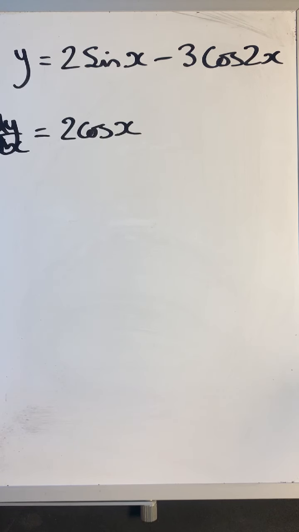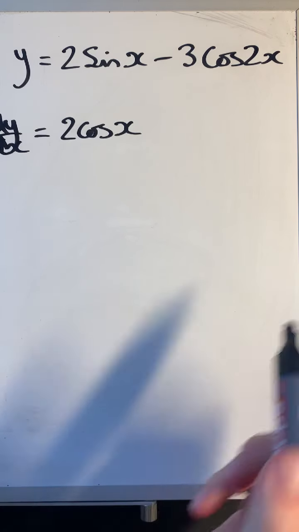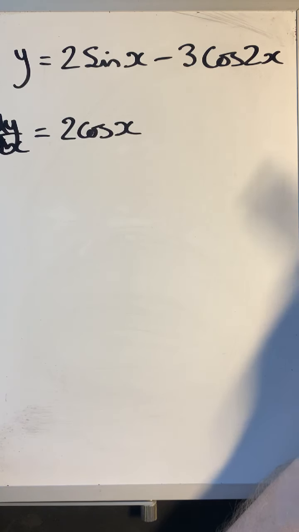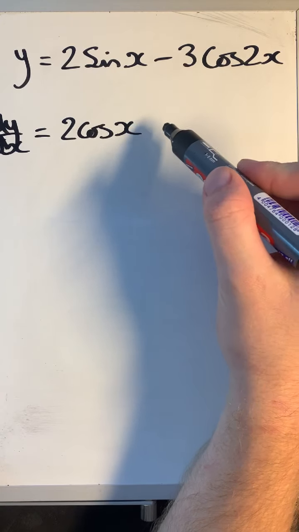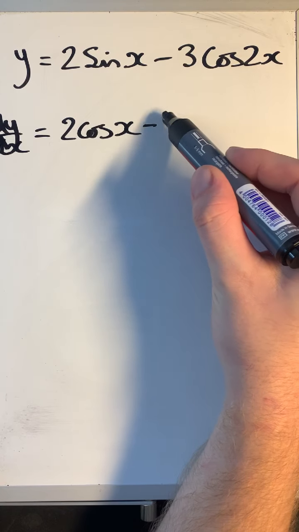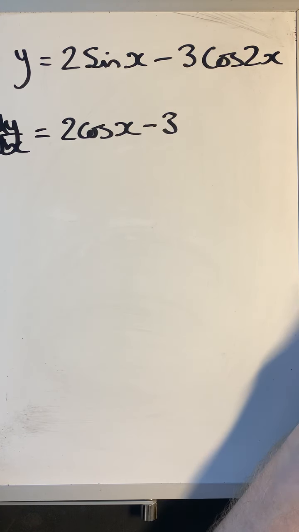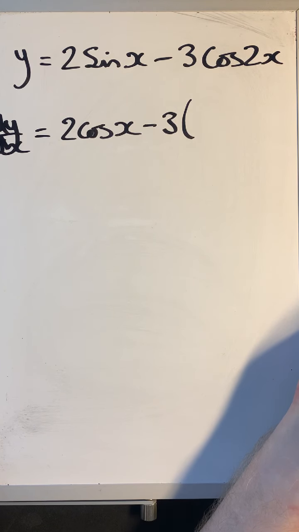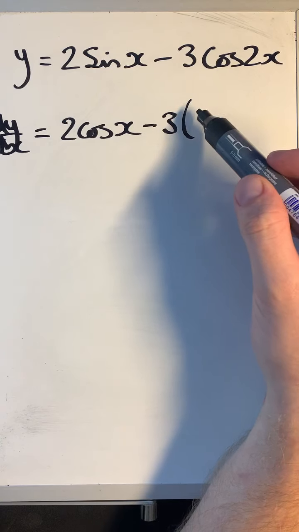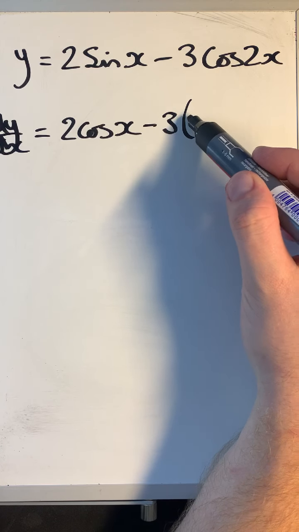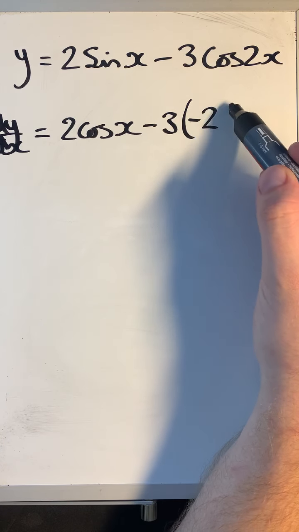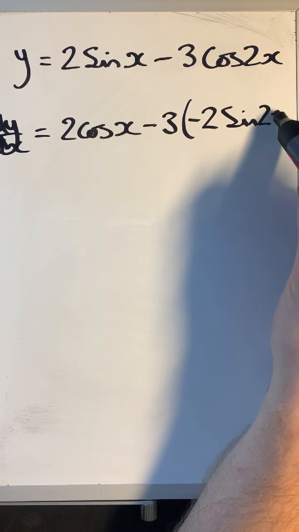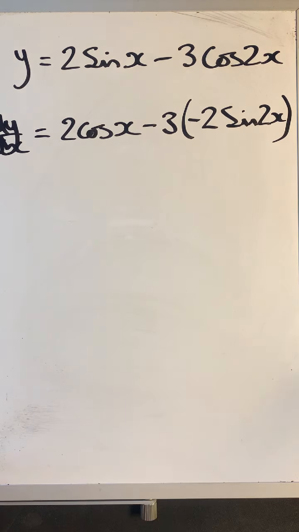Slightly trickier one here now. We've got minus 3 cos 2x. I'm going to do this in stages to show what's happening. We've got minus 3 multiplied by the derivative of cos 2x. The derivative of cos 2x is minus 2 sine 2x, using that standard derivative.